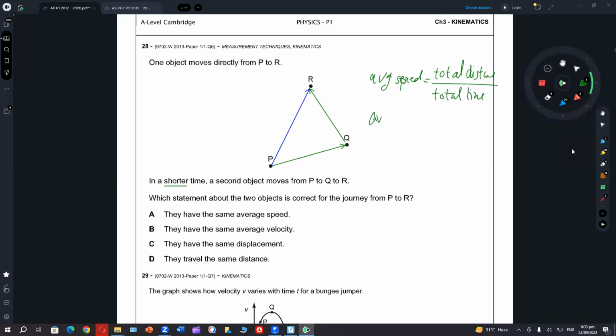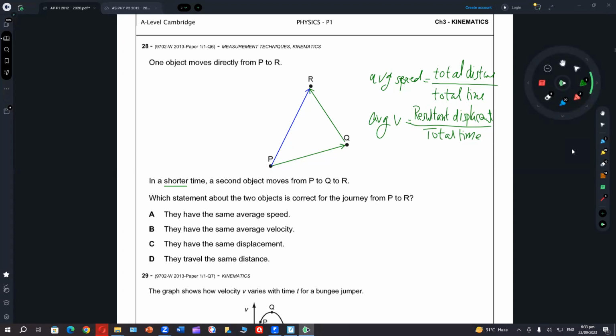Average velocity is resultant displacement upon total time. Now they have the same displacement.